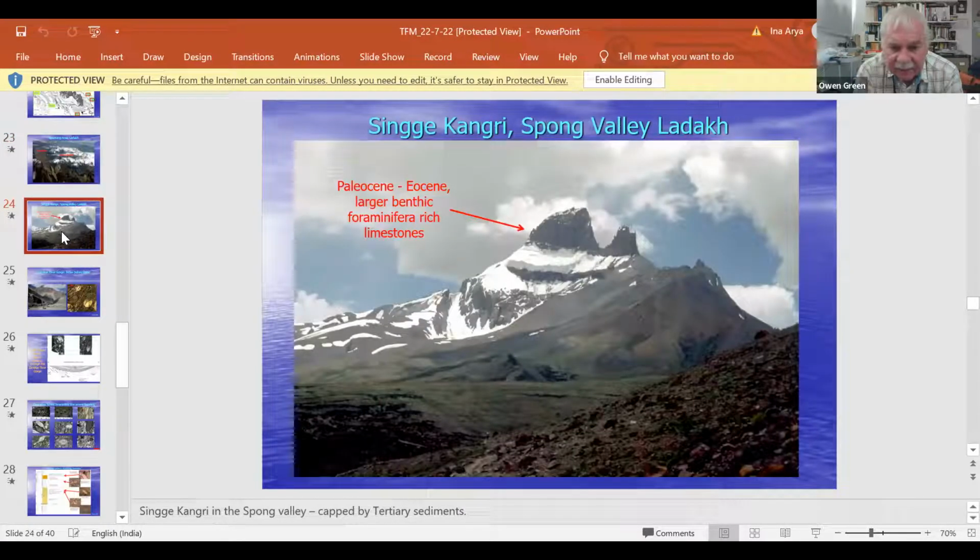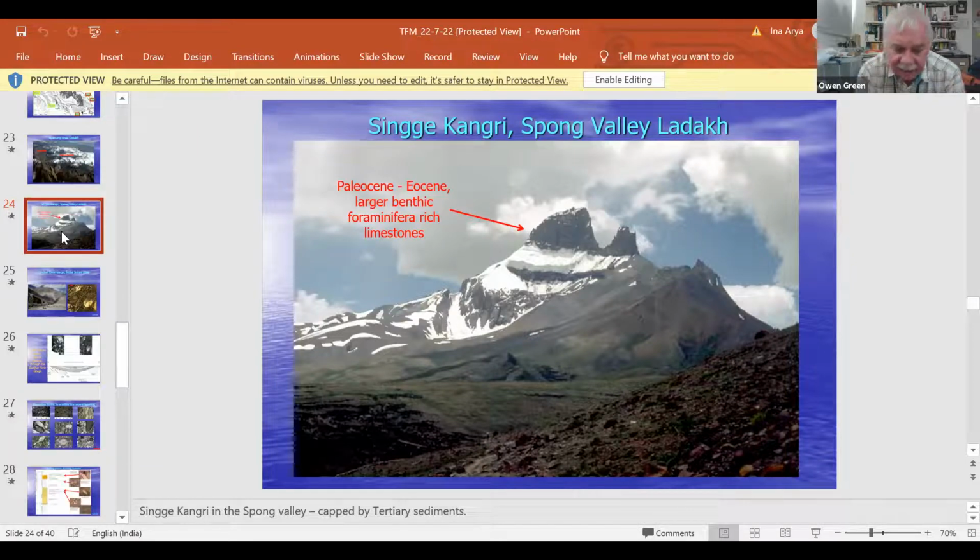So here we've got the Paleocene, Eocene sediments capping some of the ophiolite sequence. This is at Sengi Kangri in the Spong Valley, a very impressive mountain. We did not climb up this, but we certainly got representative samples from the float that was around there as well.